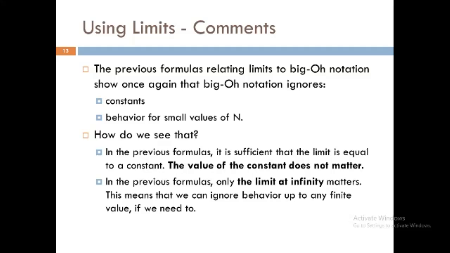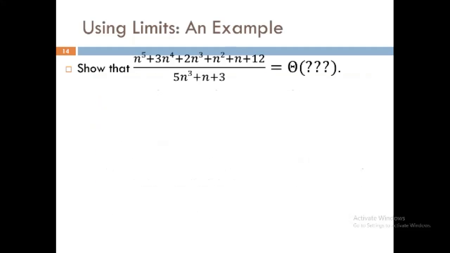So in the asymptotic theory of integrals, we generally consider one equation, that is n to the power 5 plus 3n to the power 4 plus 2n cubed plus n squared plus n plus 12 upon 5n cubed plus n plus 3, which is equal to 0, or what should be the value which we found.